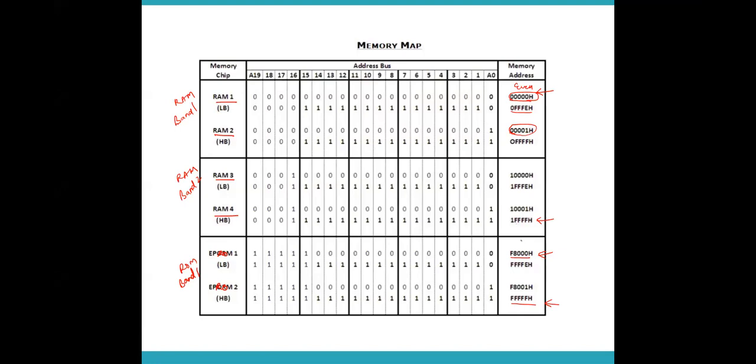So दो चिप का 64, that is nothing but 2:16.